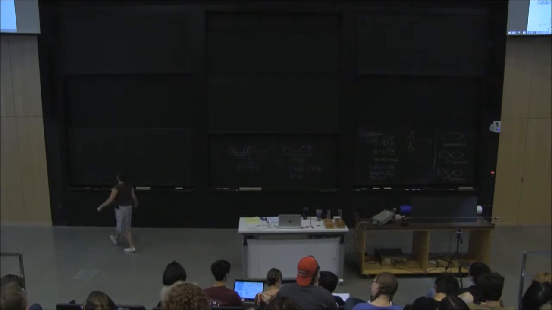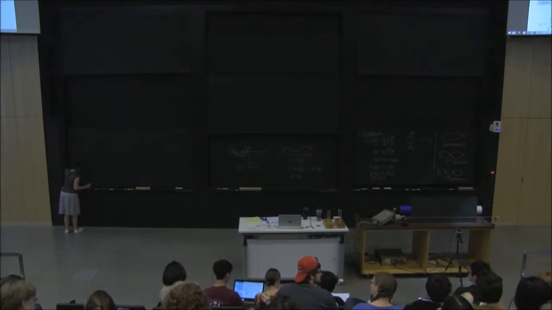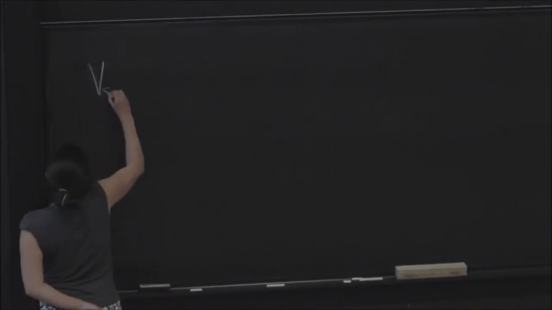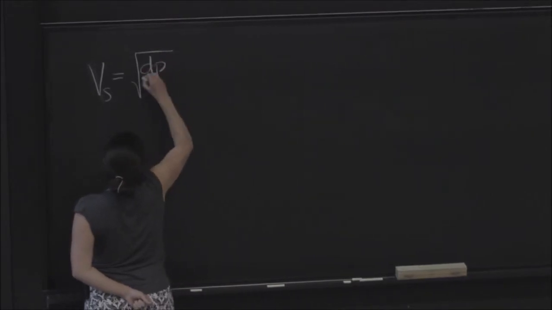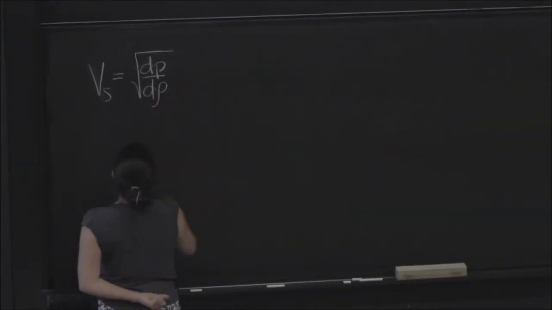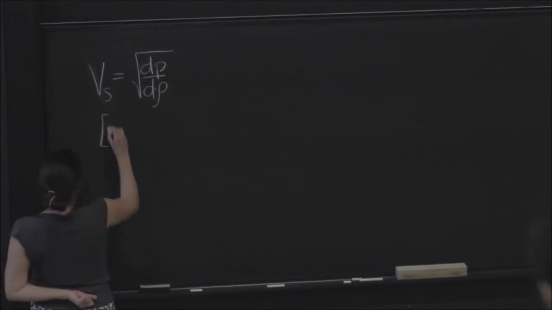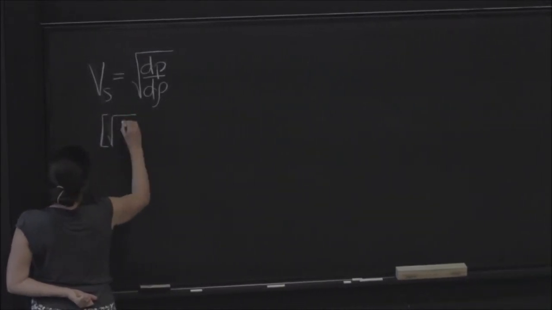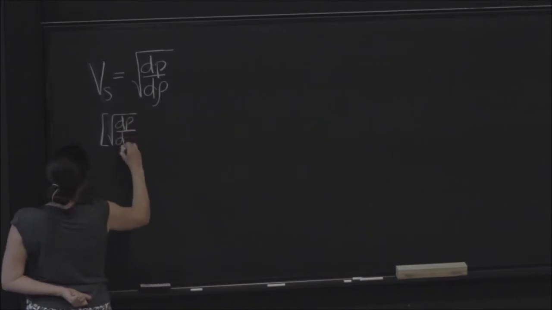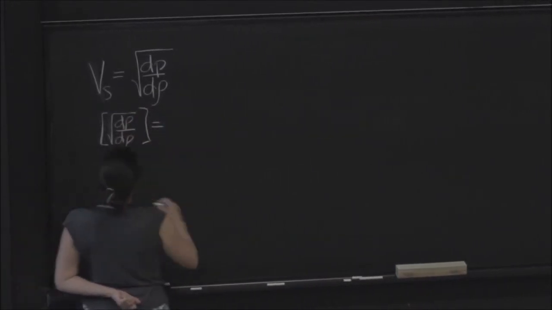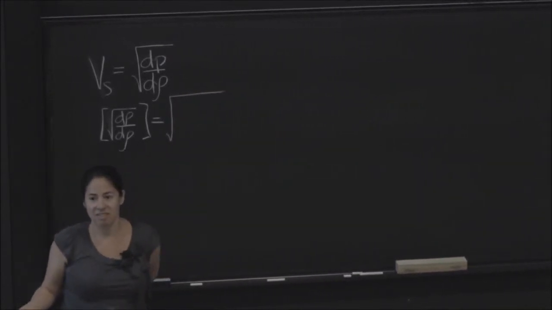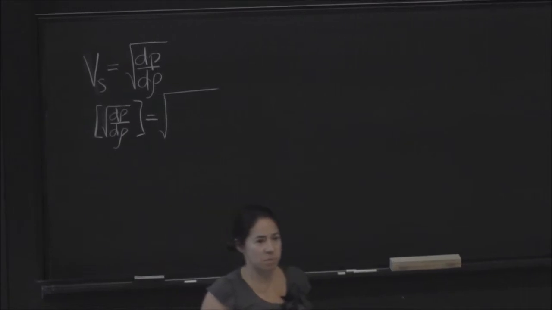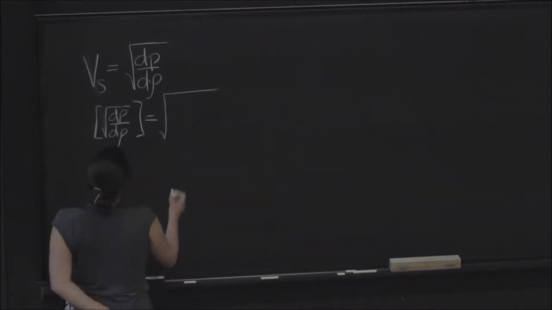All right. The velocity of sound, we're told, is the square root of dP d rho. So the units of that. What are the units of pressure? Or what is pressure? Force per area, right?